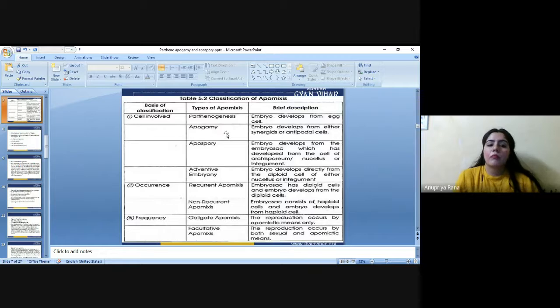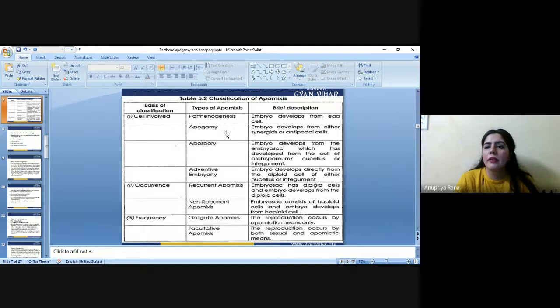If we are talking about classification on the basis of the cell involved, then the types of apomixis are parthenogenesis, apogamy, apospory, and adventitious embryony. These are the four basic types of apomixis on the basis of involvement of the cell.